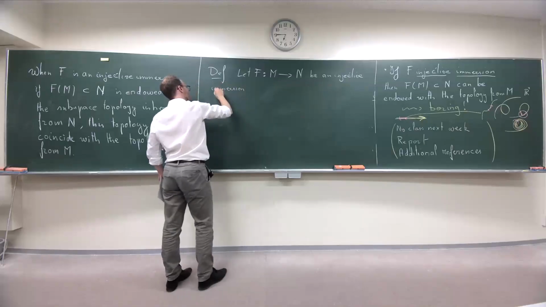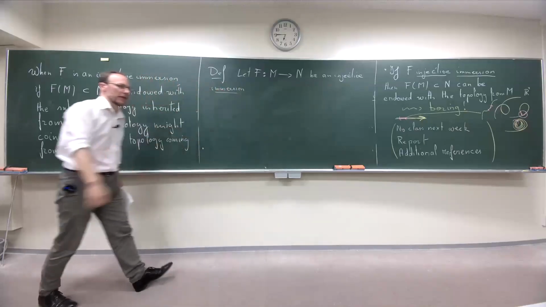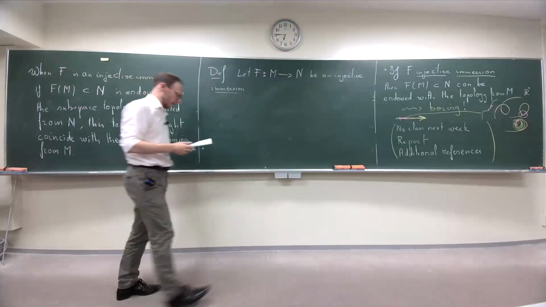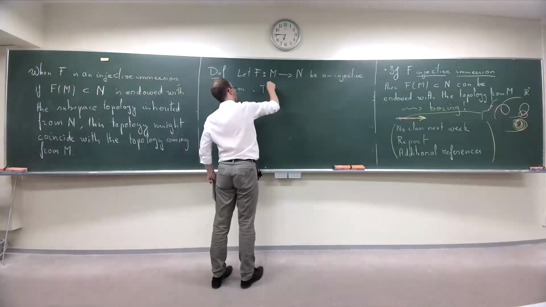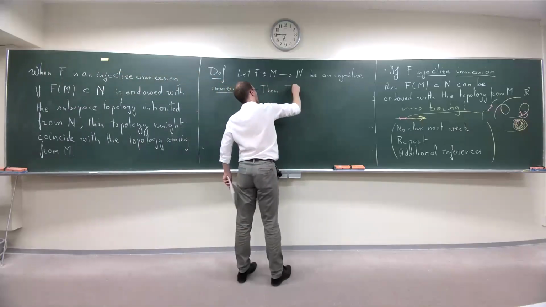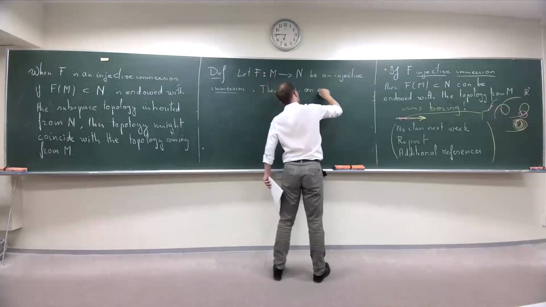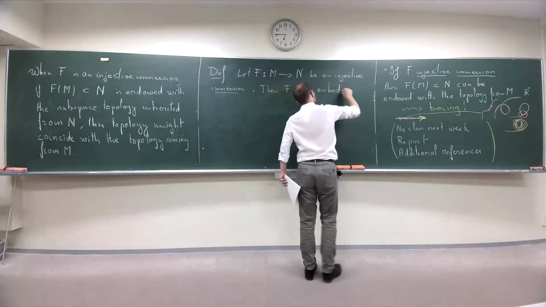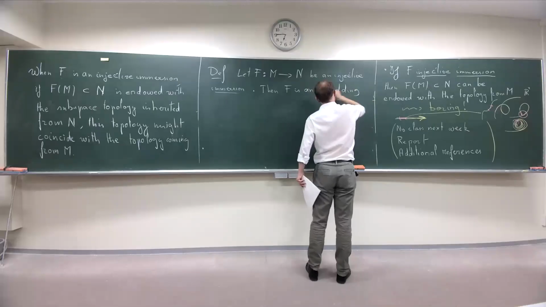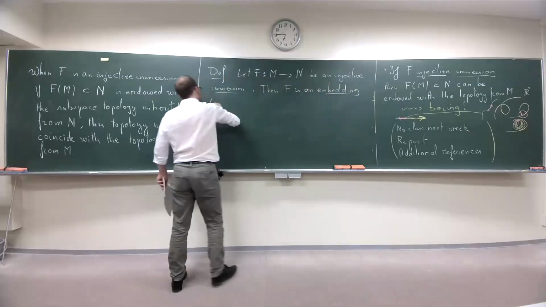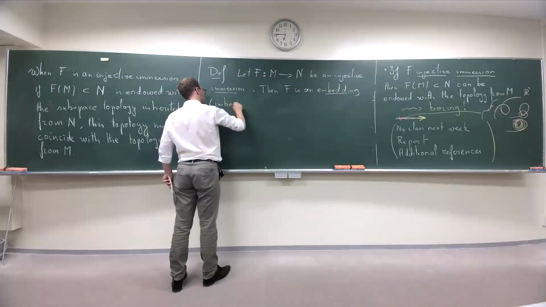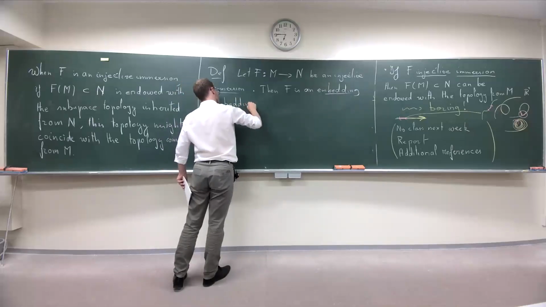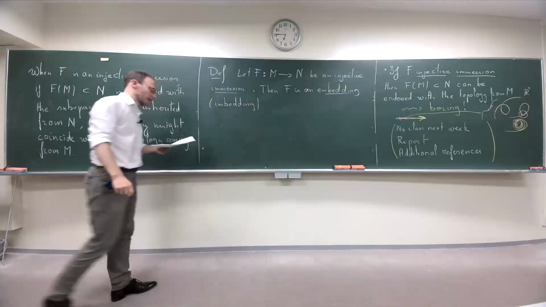Immersion, you should think about it: we don't lose anything when we send it to the new space. Then F is an embedding. This is a new word, embedding, or it's also called embedding, depending on the author.